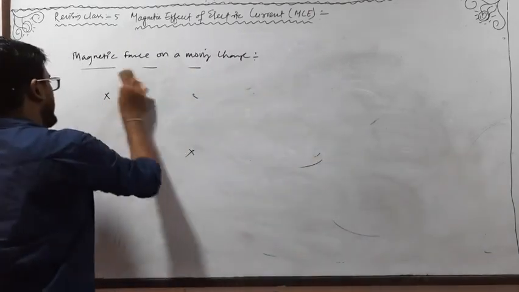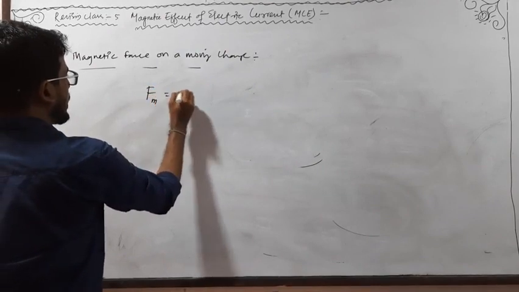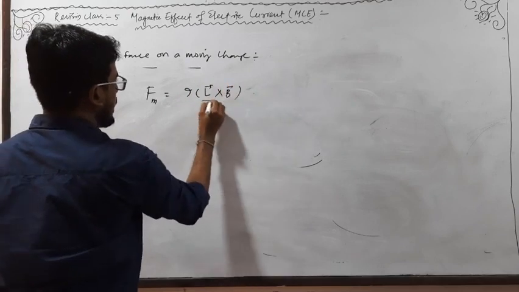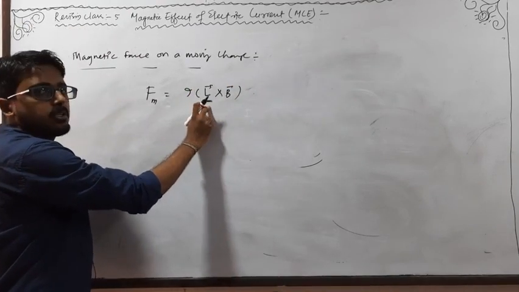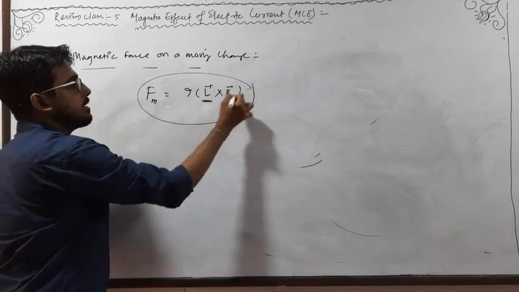In this formula, the magnetic force on a current carrying conductor is I into L cross B. L is the displacement vector between the initial and final position of the current carrying conductor only when the magnetic field strength is uniform.